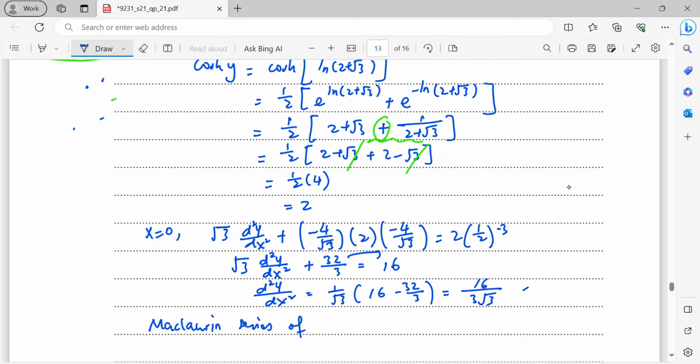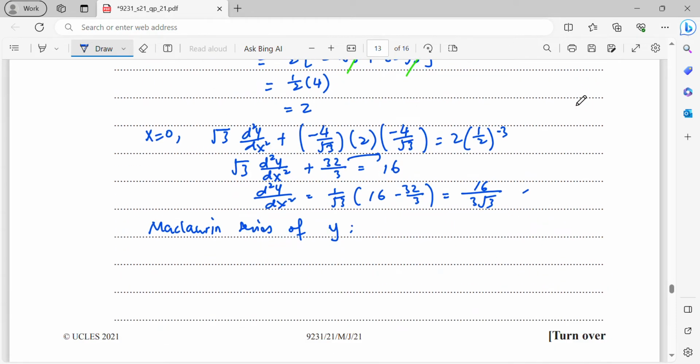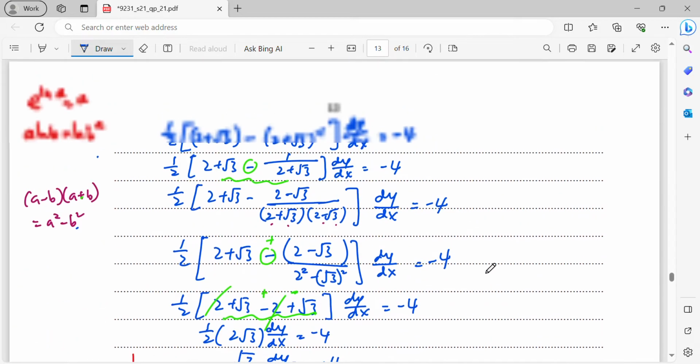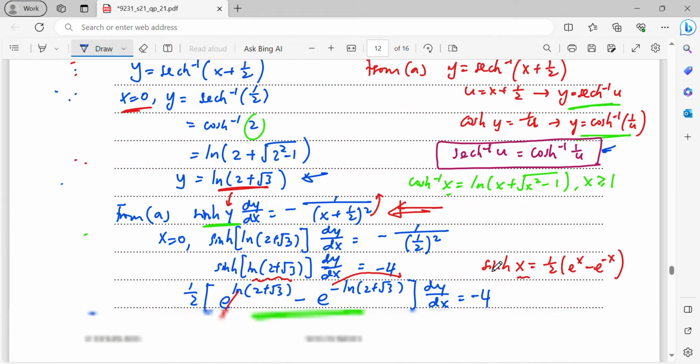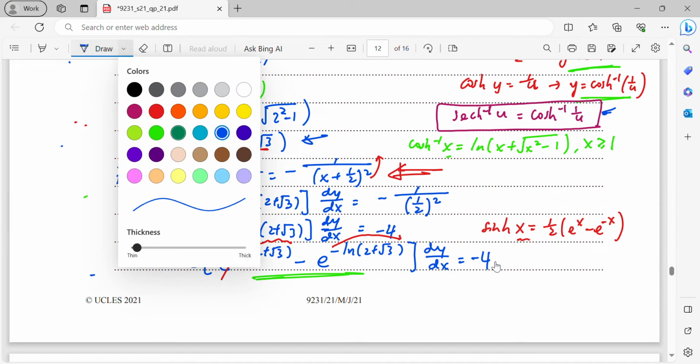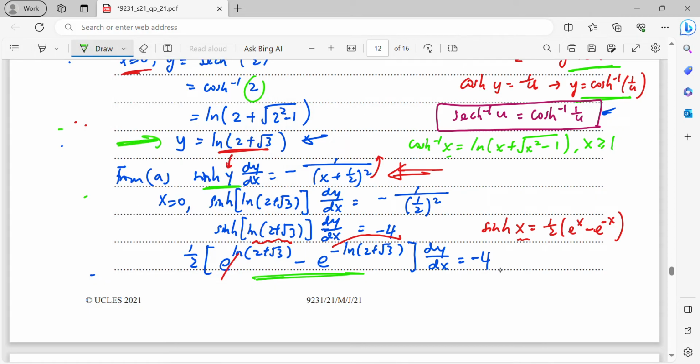So the Maclaurin series of y. Now I will write y equals to... when x goes to 0, my y is ln of 2 plus square root 3.